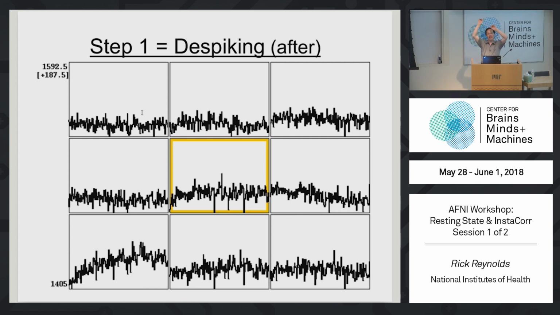So spikes that are bigger are still bigger, spikes are still spikes, but they're much smaller spikes. So it doesn't just truncate them. It still drops them down, so that one spike is still bigger than the other one.